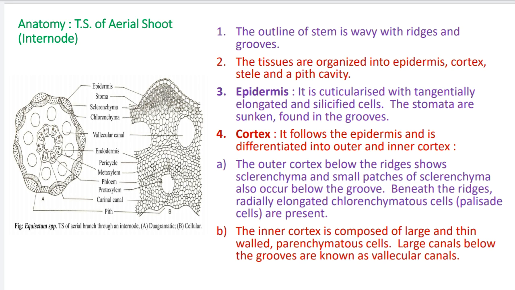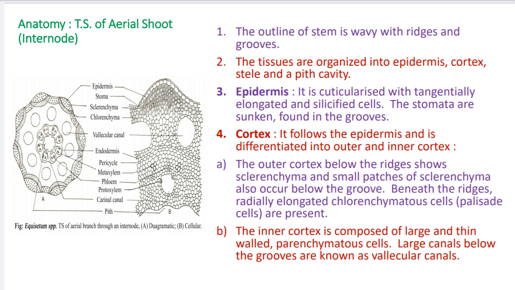You see in the photograph, the diagram, this is the outline of the section. This outline of the section is circular, and this circular section also shows somewhat ridges and some grooves, furrows, so the outline is wavy.